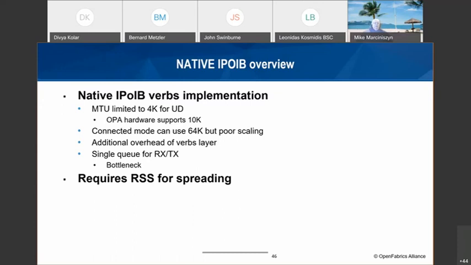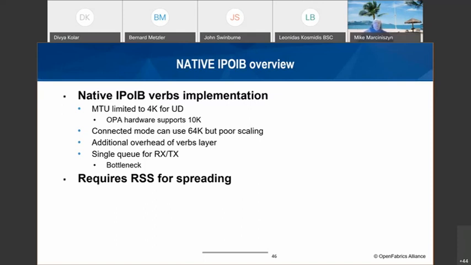You end up with an n-squared situation, or at least a situation where your storage servers have to have QPs for all of the client servers that it uses to dole out storage resources. And it's got the additional overhead of the verbs layer, as well as IP over IB's inherent single queue for RX and TX, and it's a natural bottleneck.